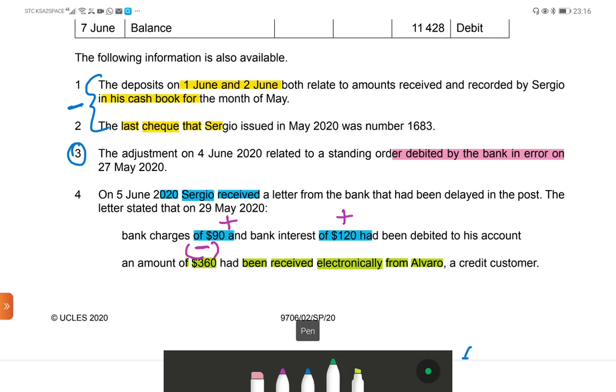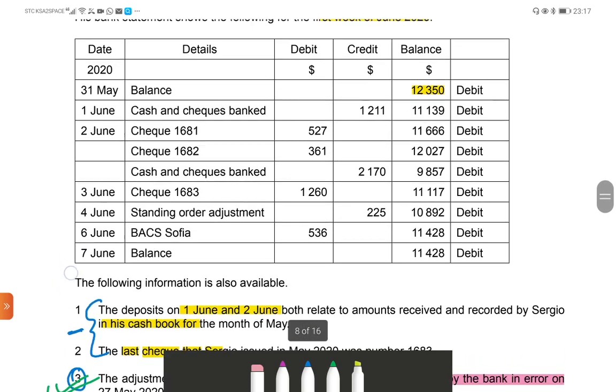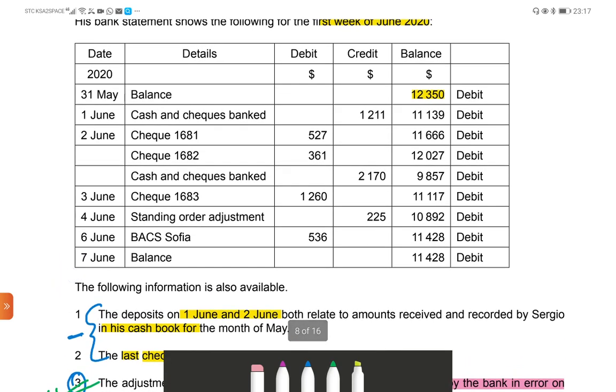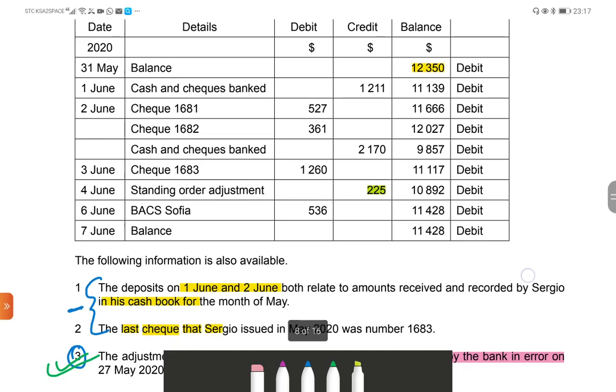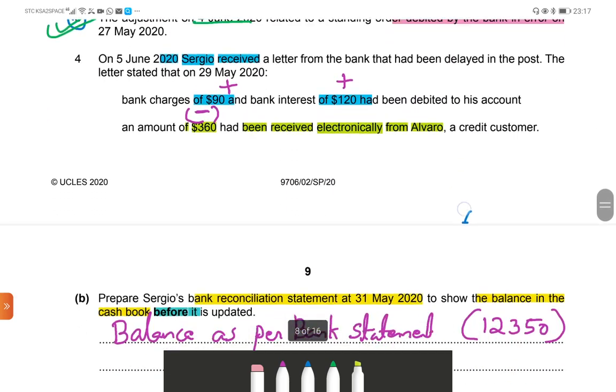So here error 3 is the bank statement error. It says standing order debited by the bank in error. When is the transaction? 4th June. The amount is 225. So we have to add back. This is the correction of error. The bank statement credit means cash book debit. So we have to add back.